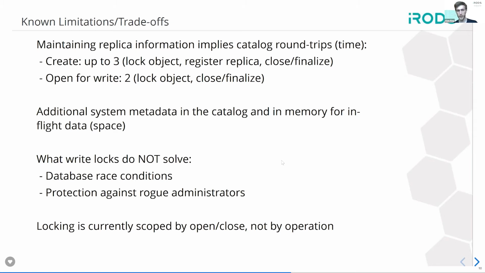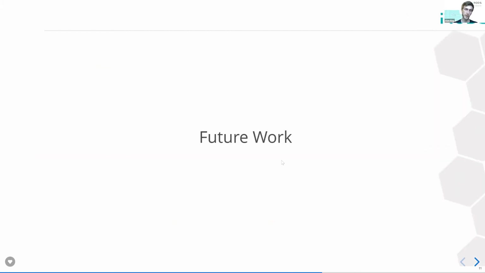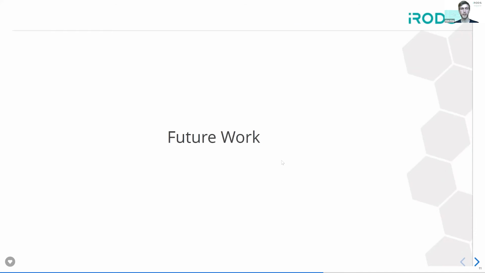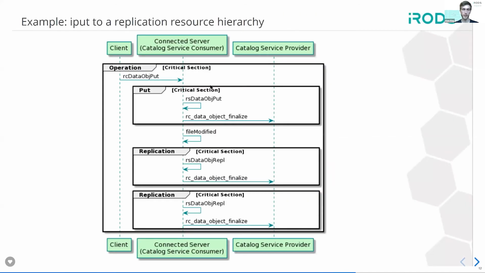So that leads into the third problem that I brought up before, and a nice transition into the future of logical locking. Here's another example. We've zoomed out a bit. This box inside the big box is what we were seeing before, in a more zoomed out fashion. Let's say you do a put to a replication resource hierarchy.